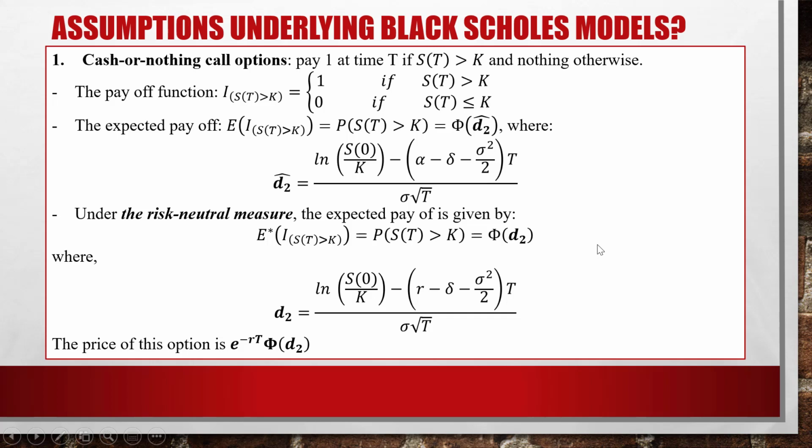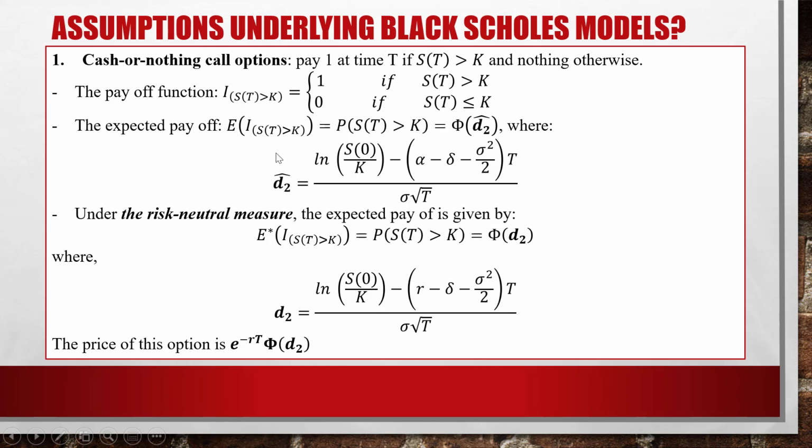Under the risk-neutral measure, the expected payoff is given by the expected value, E*, of the indicator function, and it should be equal to the probability that the stock price is greater than K, and it is equal to capital Φ(d2), where d2 is ln(S0/K) − (r − δ − σ²/2)T over σ√T.